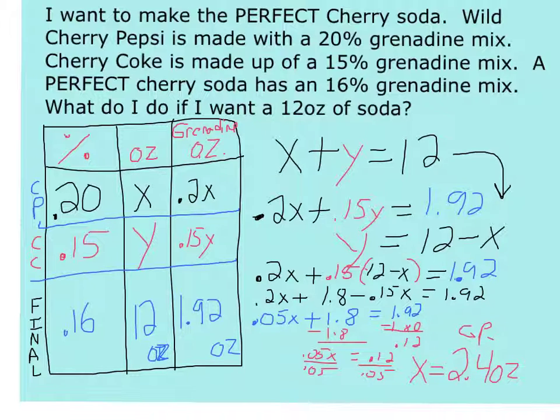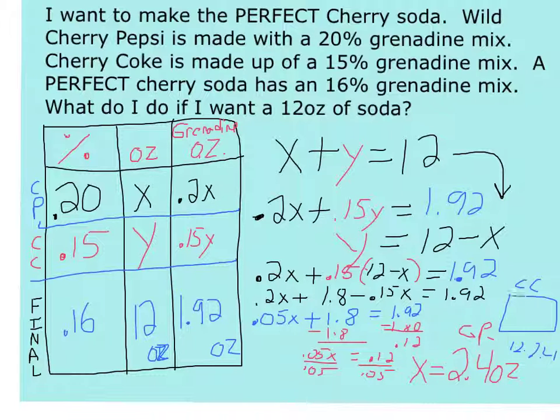X is cherry Pepsi. So if I know that 2.4 ounces is cherry Pepsi, all I have to do is subtract that from 12. So all I have to do is just go 12 minus 2.4, because then that means that the cherry Coke will be what's left.